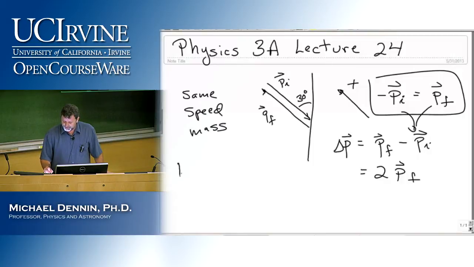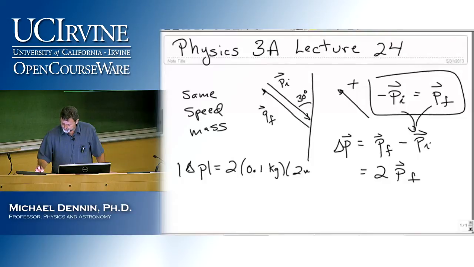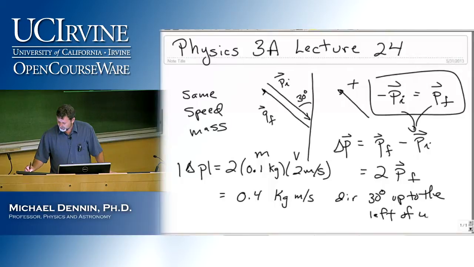So the magnitude of delta P is just 2 times 0.1 kilograms times 2 meters per second. So that's mv, and I get 0.4 kilograms meters per second, and my direction is 30 degrees up to the left of the wall.